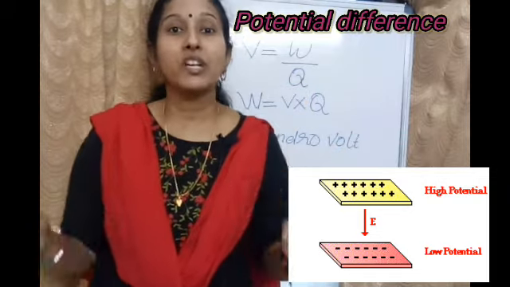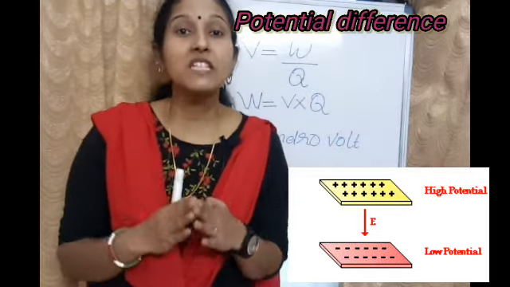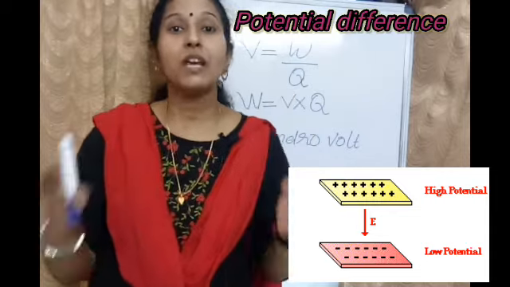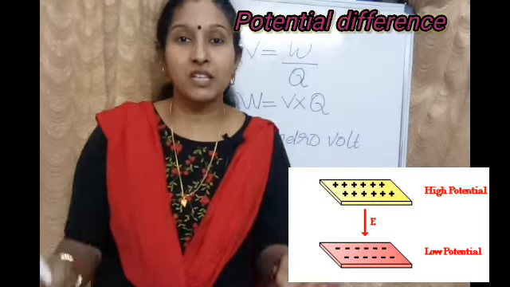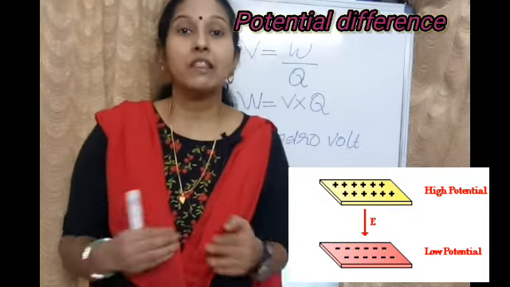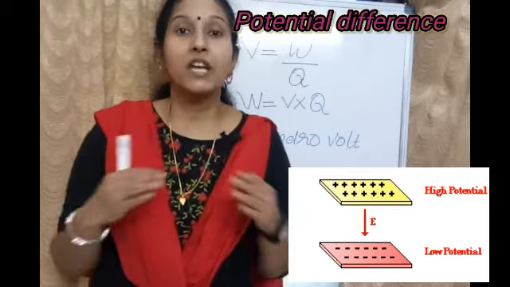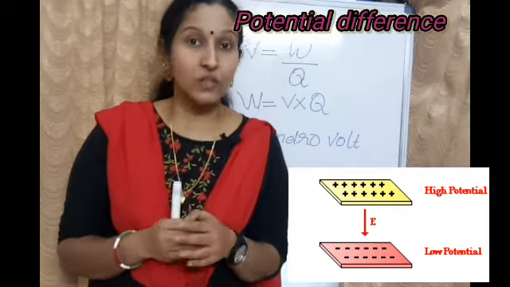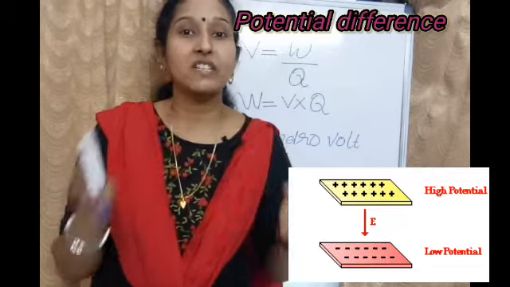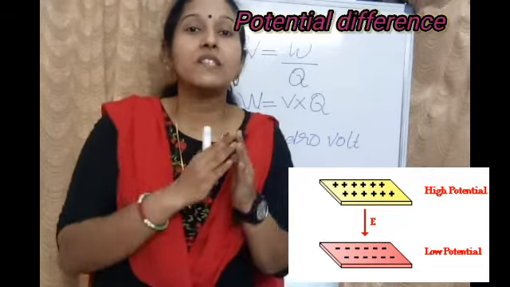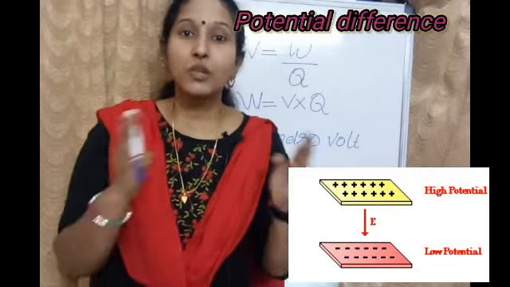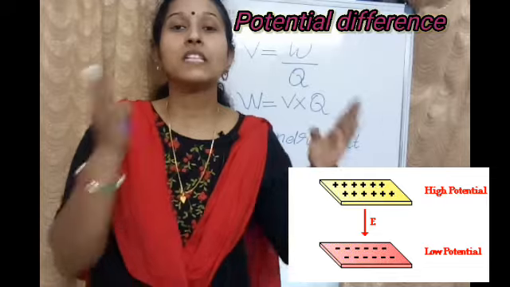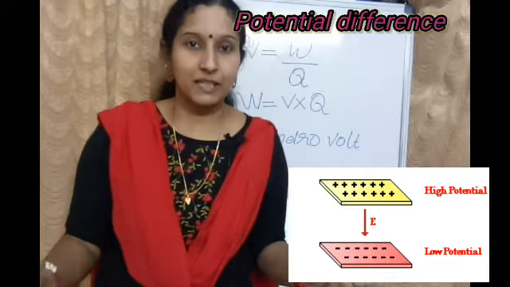That is potential difference, which means if there is a difference in potential, there is movement of charges. If there is flow of charges, there is flow of electricity. So this is the meaning of potential difference: difference in the potential or difference in the pressure. This difference moves the charges from one point to another.